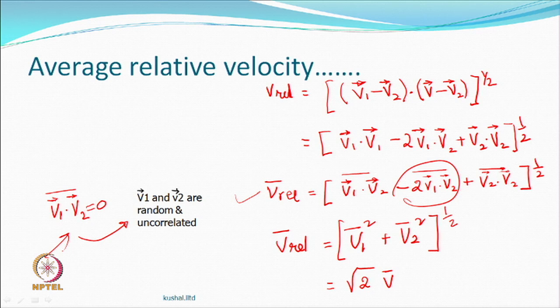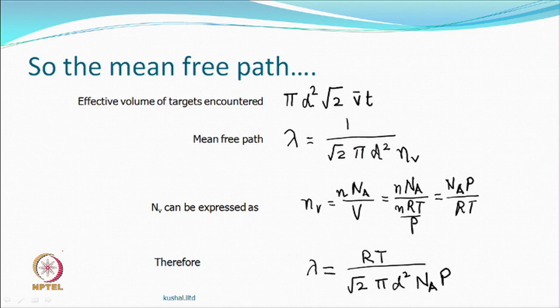And that becomes a change. If you make that change for a single molecule, that is, in the whole thing there is a single molecule, then you can use this term rather than the other term, and therefore, the lambda, which is the mean free path, would be 1 over root 2 pi d square and the number of molecules in that unit volume.